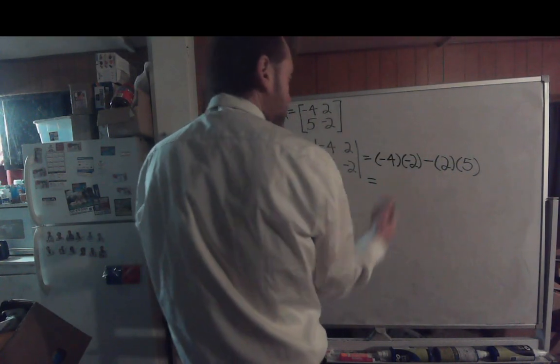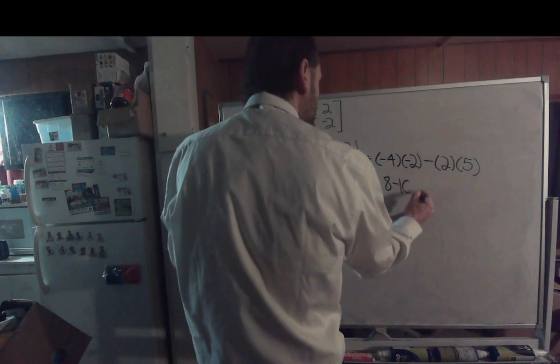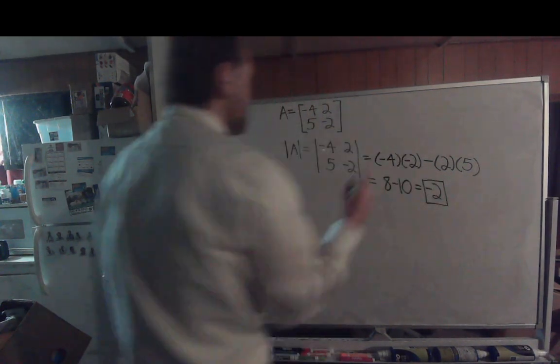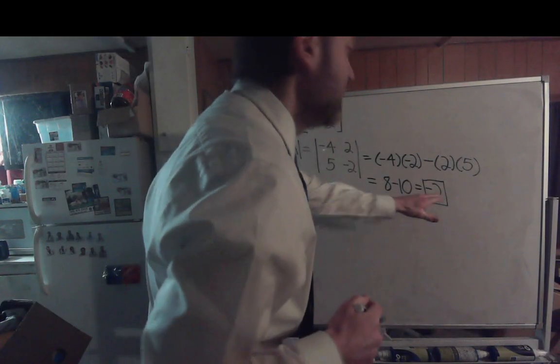Now we just use order of operations. This would turn into 8 minus 10, which would be -2. So the determinant of this matrix would in fact be -2.